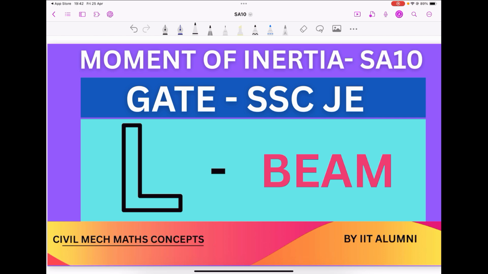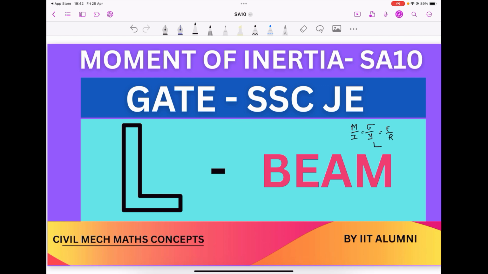M by I is equal to sigma by y is equal to E by R, where M is the bending moment, I is the moment of inertia of the shape, sigma is the bending stress, and y is the distance from the neutral axis, and E is the Young's modulus, and R is the radius of curvature.